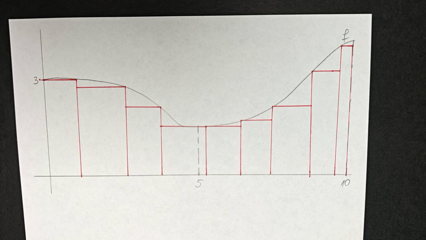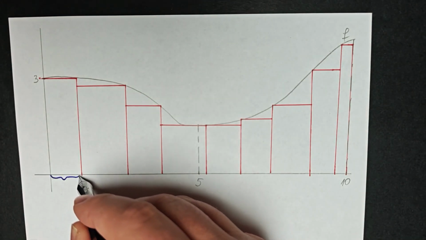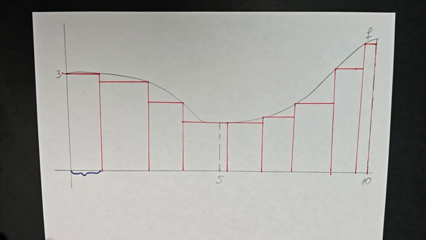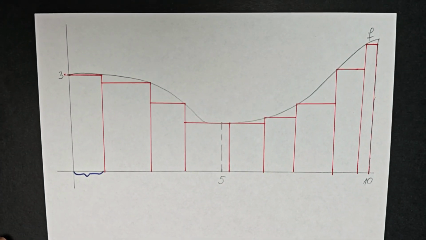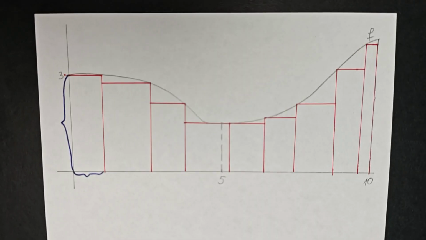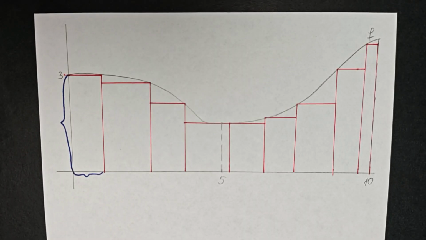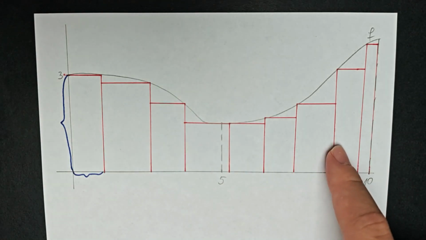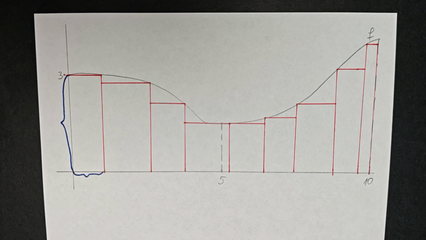From the x-axis, I can get the length of the base of a rectangle. So this will be the base for this rectangle. From the y-axis, I can get the height of that specific rectangle. And I can repeat that process for all the rectangles that I have.